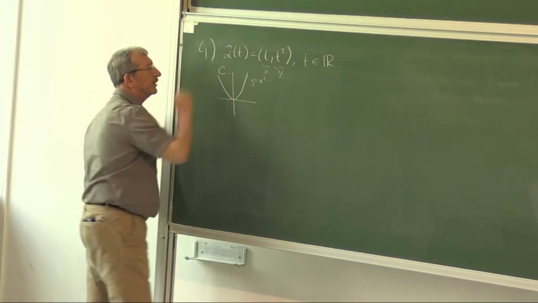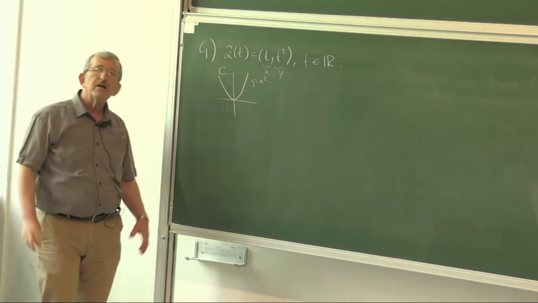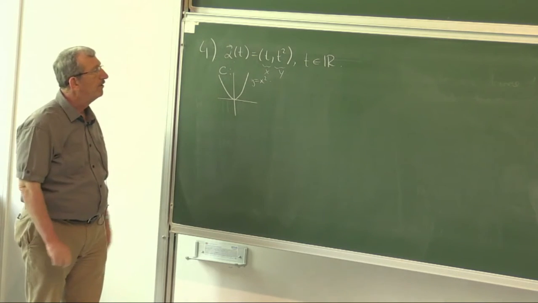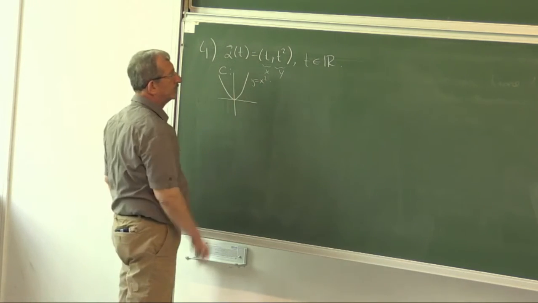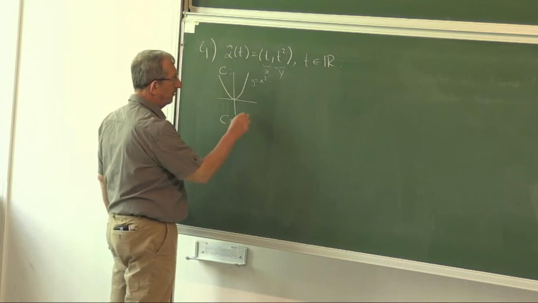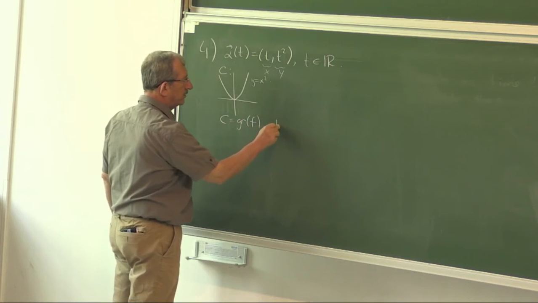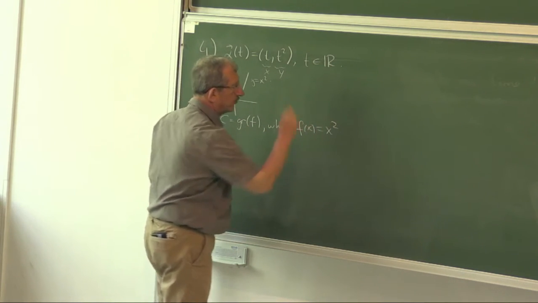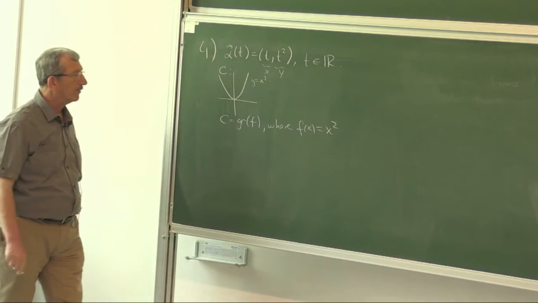So this is our C. So a curve need not have endpoints all the time. Well, this is the graph of the function x squared. So C is the graph of f, where f of x is x squared.